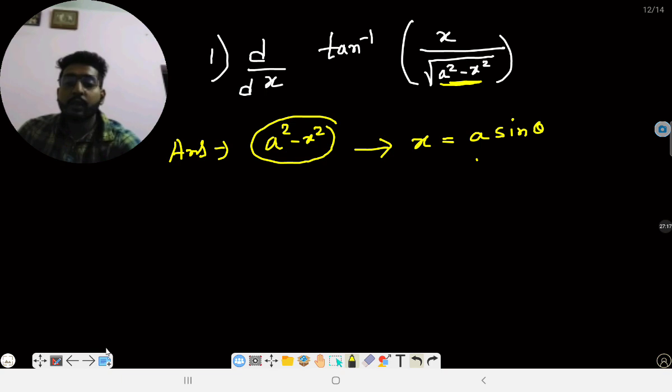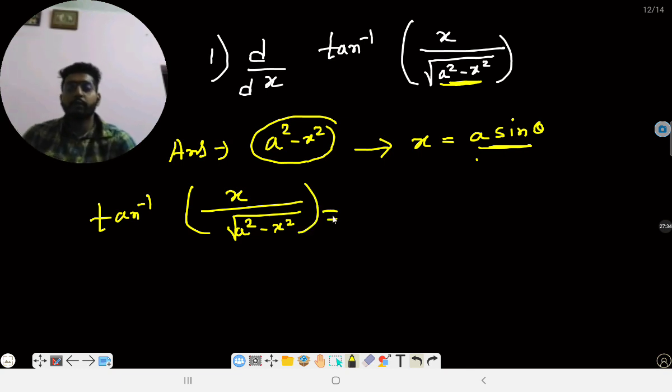Now if it is a square minus x square, where instead of 1 there is a, some constant, we have to take x equals a sine theta. Then we can see what will happen to tan inverse x by root over a square minus x square.